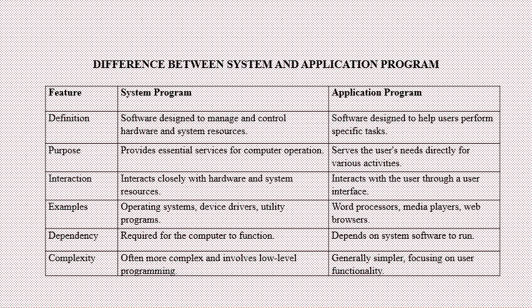Based on definition, we already know that system program manages and controls hardware and system resources, while application program is used to design applications that are mainly for the user, or in this sense, software designed to help users perform specific tasks.